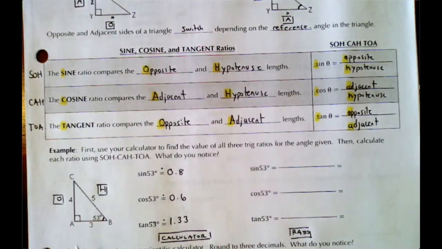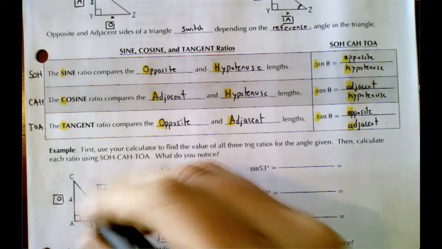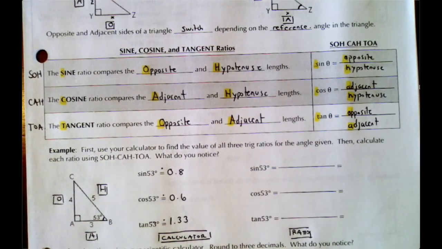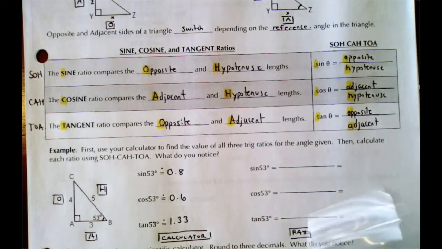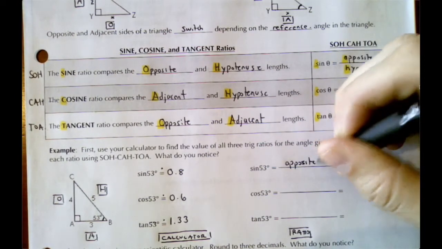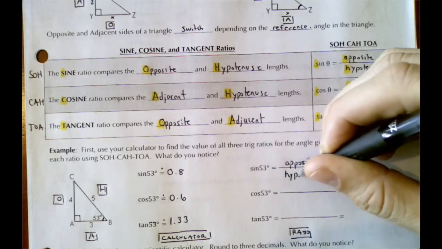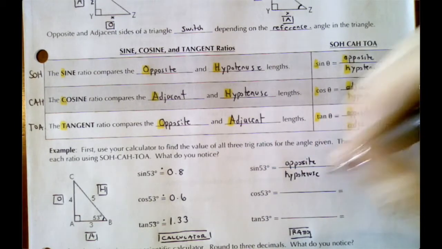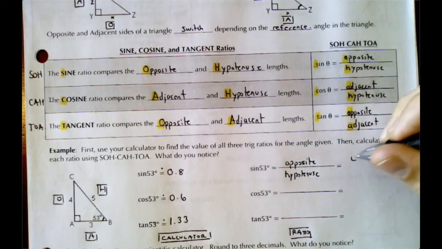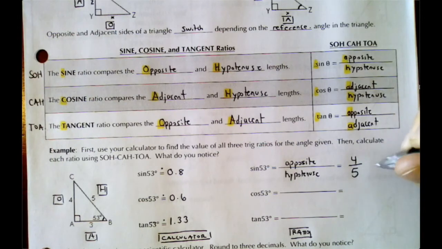And adjacent, A, is between the 90 and the angle we're talking about. So now we have H, A, and O labeled. The sine ratio is opposite divided by hypotenuse. Opposite side is 4, hypotenuse side is 5. We have 4 over 5.